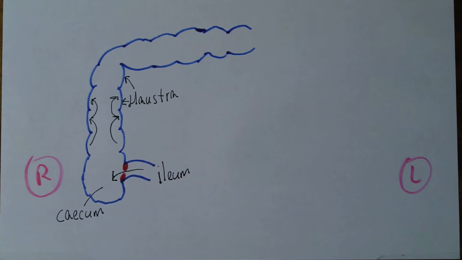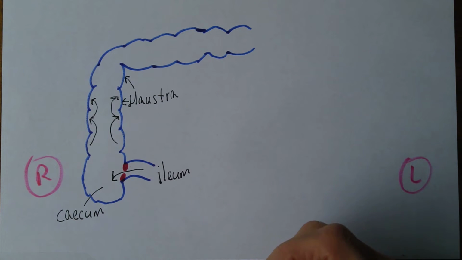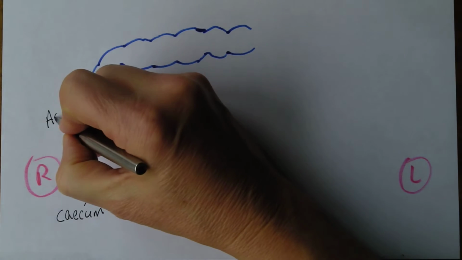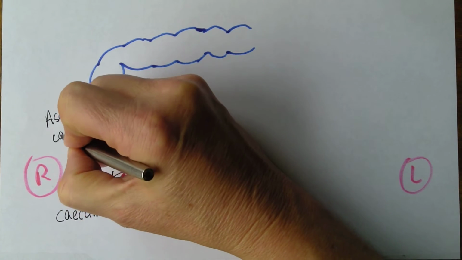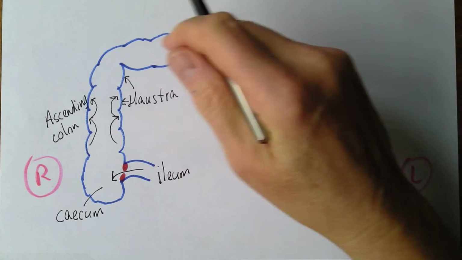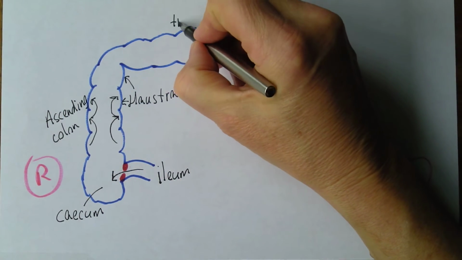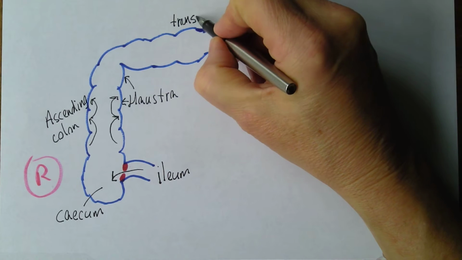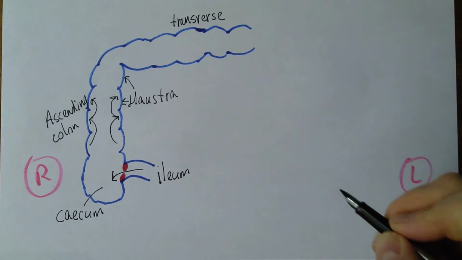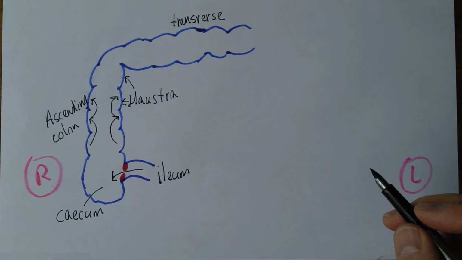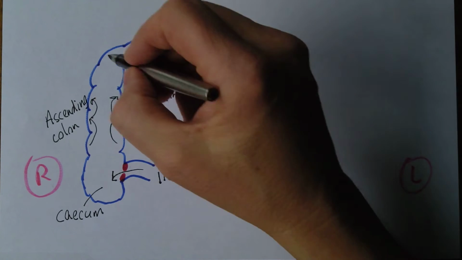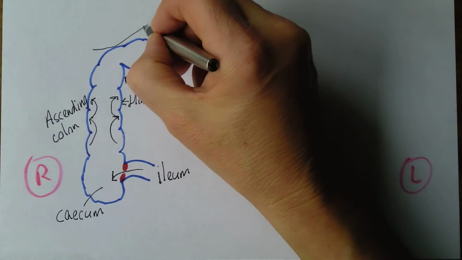Now, this bit going up is the ascending colon. And this bit going along is the transverse. So the transverse colon is going from right to left. And this is the position of the liver here.